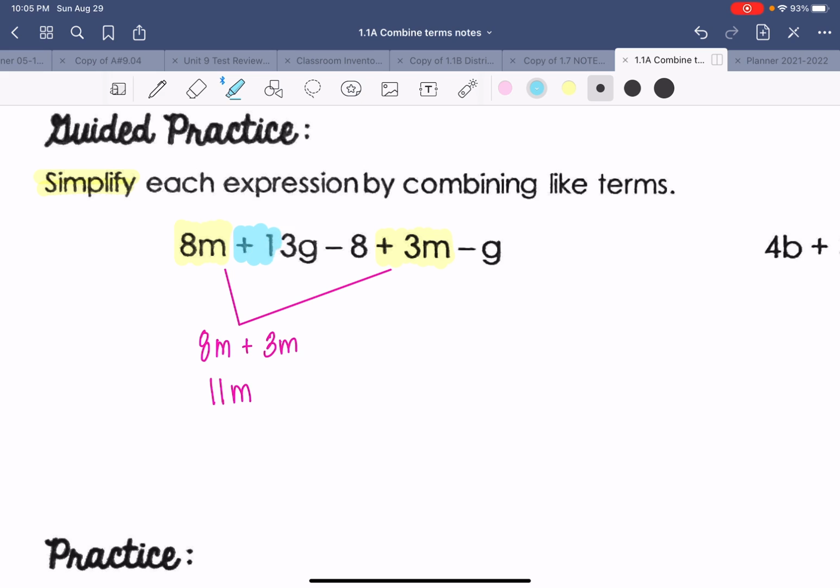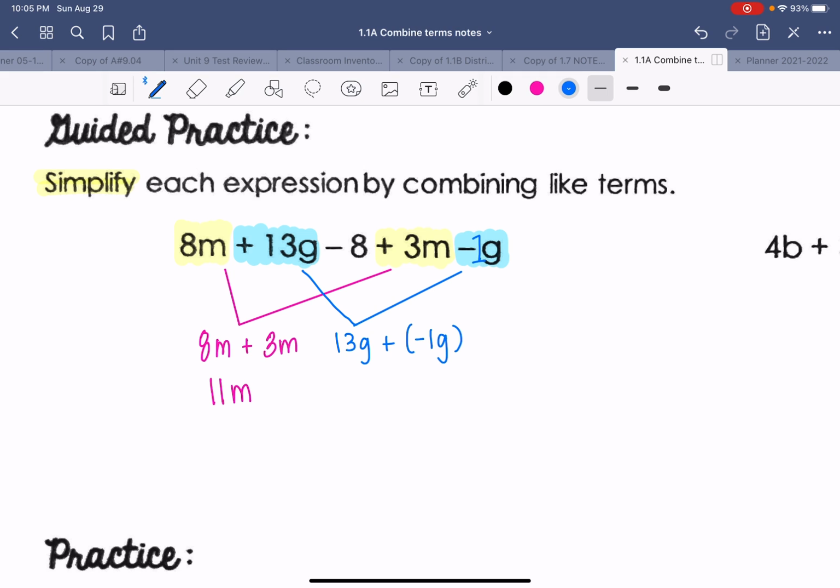So I have a positive 13g. So I'm looking for any other term that has g in it. Just one g. And this one at the end has one g. So I have 13g and a -g. So that is 13g plus a -1g. So there's an imaginary 1 right here, okay?